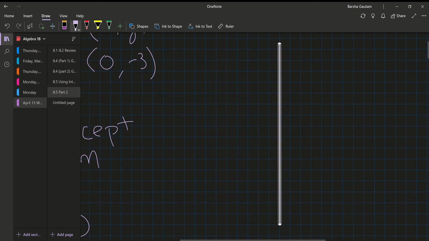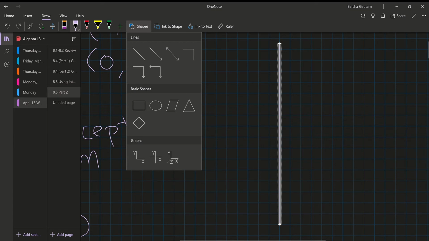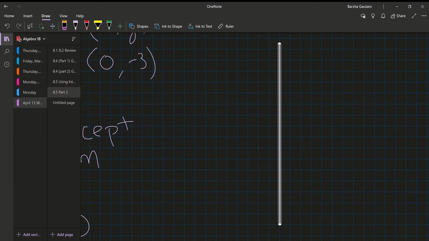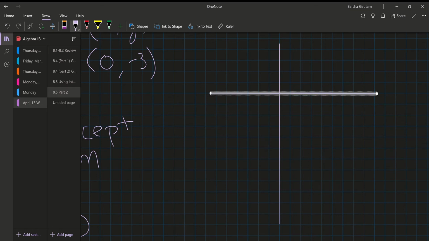Go ahead and make your own graph at the same time. This is our y, and this one is our x. Okay, and we're going by a scale of 1.